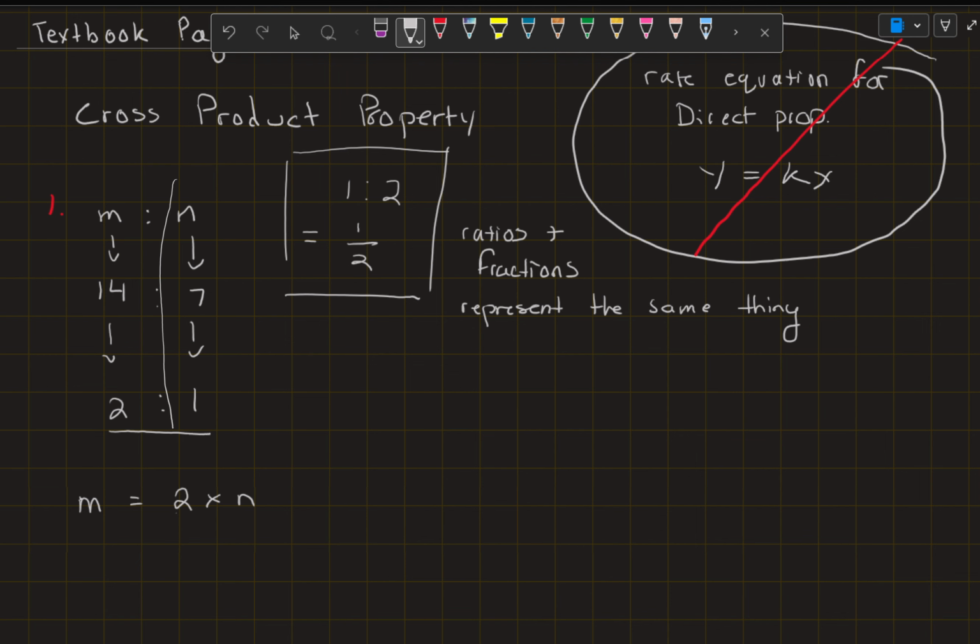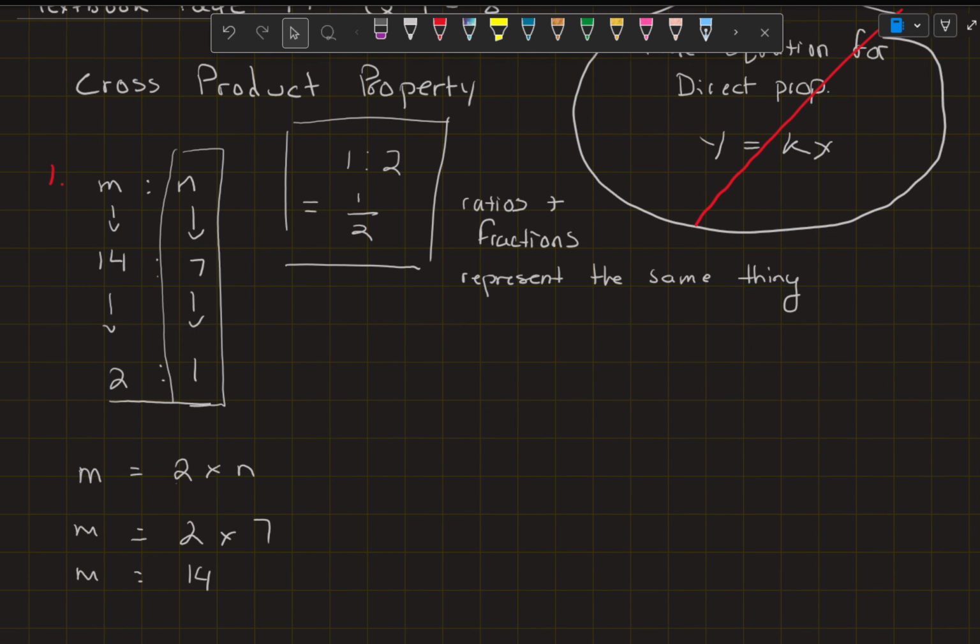So I'm going to sub in my n that I got from here, right? So I'm going to sub that in. M equals 2 times 7. M equals 14. And that's how we know, okay? So moving on, the question asks us for B, determine m when n equals 16, okay?